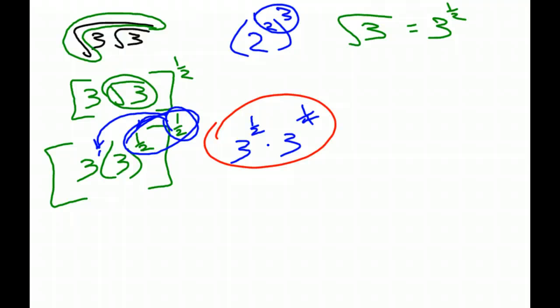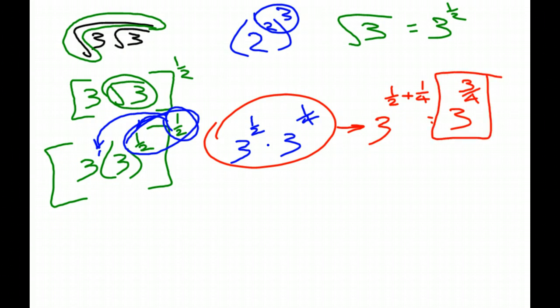So we have 3 to the 1/2 times 3 to the 1/4. When we take two numbers and multiply them with exponents, what do you do with the exponent? Equals 3 to what power? 3/4. 3 to the 3/4 power.